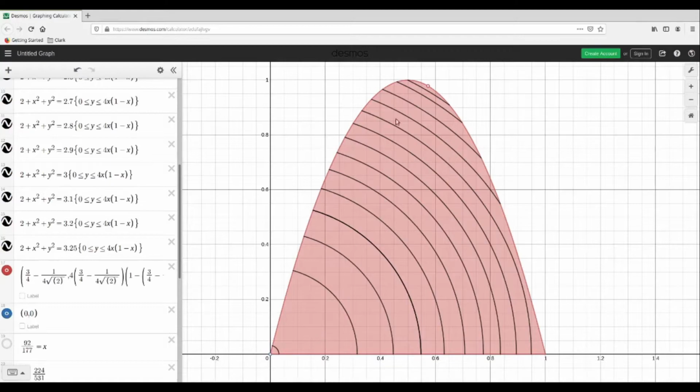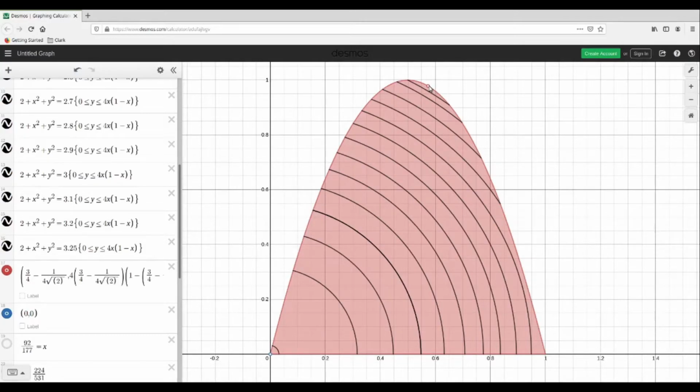If you use the methods for optimization, you get that the minimum value of this function is right here, which is a blue point at the origin, and the maximum value of this function is right out here at this red point right here. I'm not going to go through that calculation right now because it's a little bit long and it's not really relevant to the discussion today, but it's definitely possible to do using the techniques that we've gone over so far.